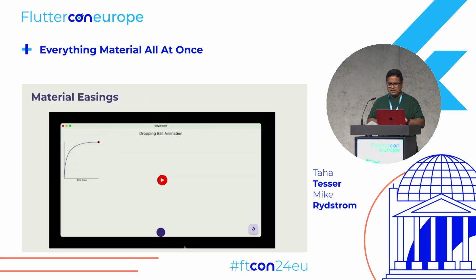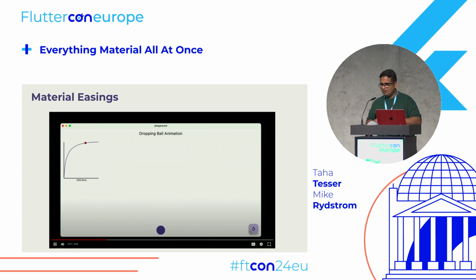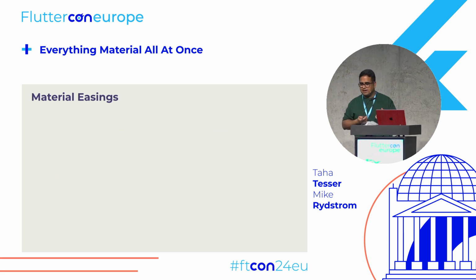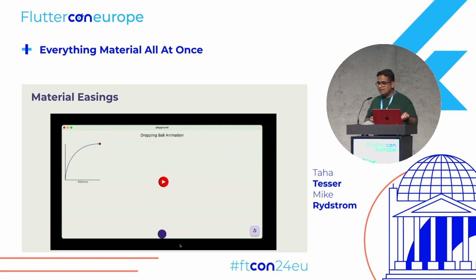I created this visualization, so hopefully it plays. Yeah, so here I have this dropping ball animation. You can see there is a curve on the left. It's a visualization. You can see the curve goes really fast and it's much more emphasized than the legacy curves we used to have, or the standard curve.